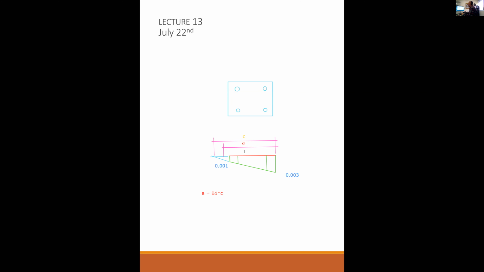It can't be bigger than the actual available concrete. But if little a is less than 24 inches, then little a is whatever little a is. And that's totally fine. Even if c is bigger than the section, little a, if it fits in the section, then that's what it is. If little a is actually bigger than the section, then you make it the size of the section. Okay? Does that make sense to you guys?